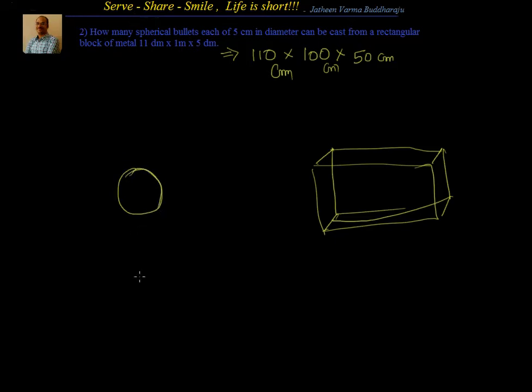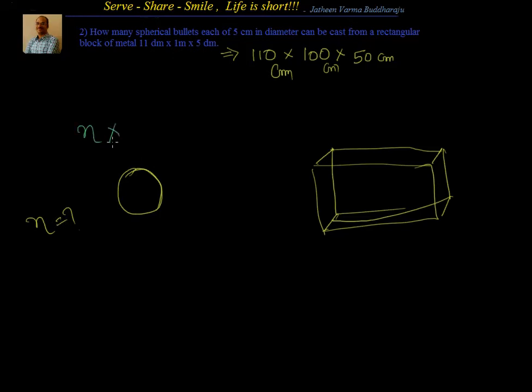We have been asked to find out how many spherical bullets can be cast from a rectangular block of metal. That means the volume should be equal in both the cases, because the volume of the cuboid should be equal to the volume of the sphere multiplied by the number of spheres.